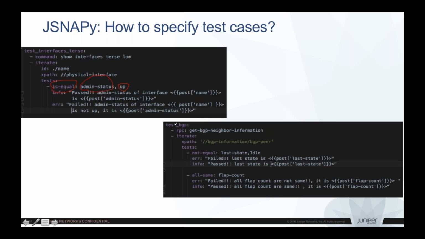Let's look at another test case. The BGP test case is utilizing the RPC get BGP neighbor information. Here I have two test cases defined. One is a not equal, in the sense the last status, I don't want it to be idle. I don't expect it to be idle.